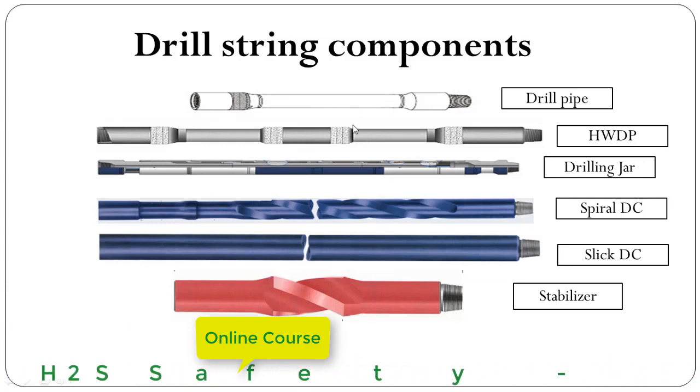Heavyweight drill pipe provides a transitional zone between drill pipe and drill collar, because drill pipe is a lighter component in the drill string, whereas the drill collar is very heavy and more rigid as compared to drill pipe. So if we connect drill pipe directly with the drill collar, then there is a risk that the pin of the drill pipe will be broken, because the stiffness or rigidity of the drill collar will be more and for the drill pipe it will be less.